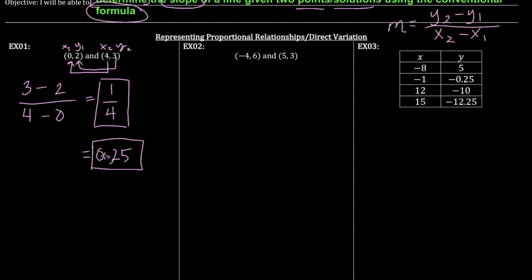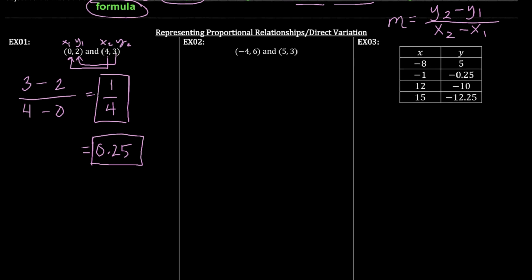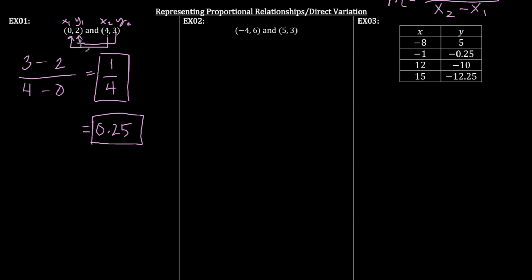Easy enough, but I'm going to have you do it the other way because it really doesn't matter which is our first point and which is our second point. So let's do it in reverse. Instead of 3 minus 2, let's do 2 minus 3. And instead of 4 minus 0, we'll do 0 minus 4. 2 minus 3 is negative 1. 0 minus 4 is negative 4.